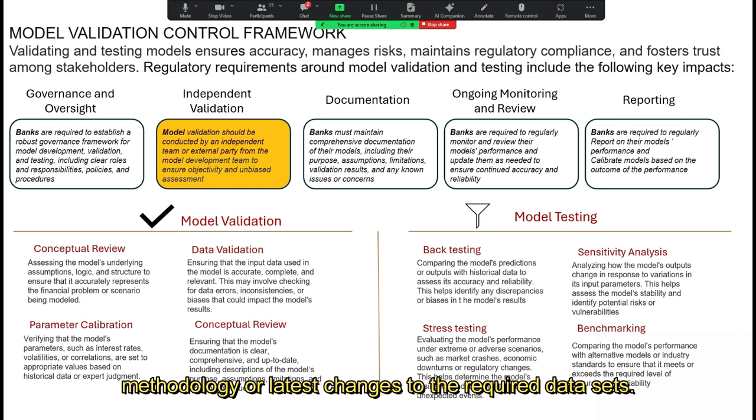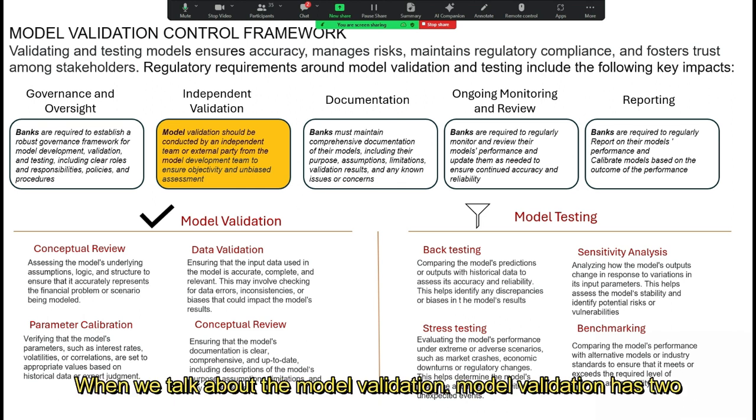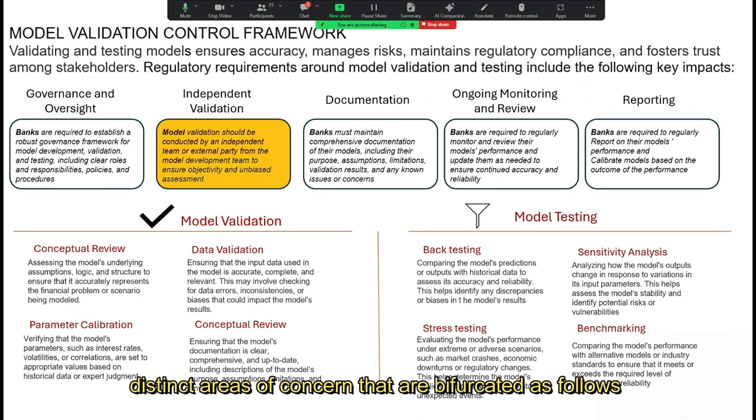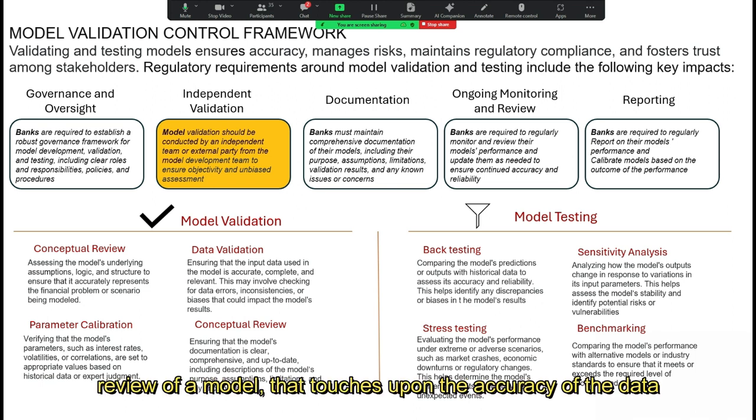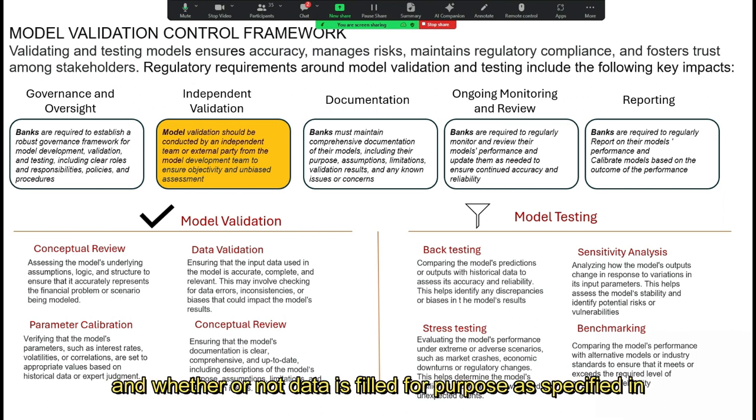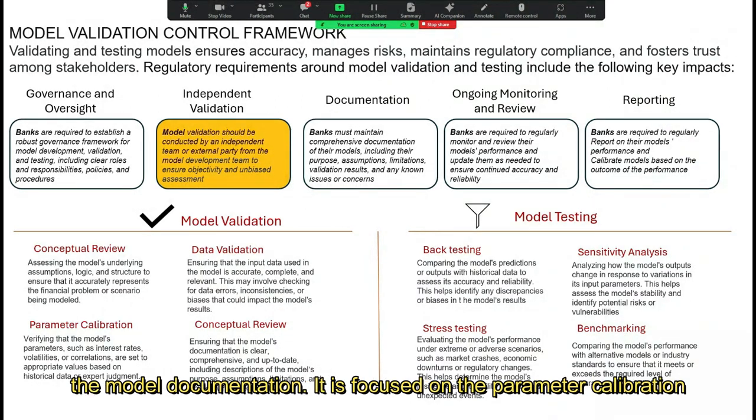So model validation has two distinct areas of concern that are bifurcated as follows. There is model validation in and of itself, which touches upon the conceptual review of a model and the accuracy of the data, and whether or not data is fit for purpose as specified in the model documentation.